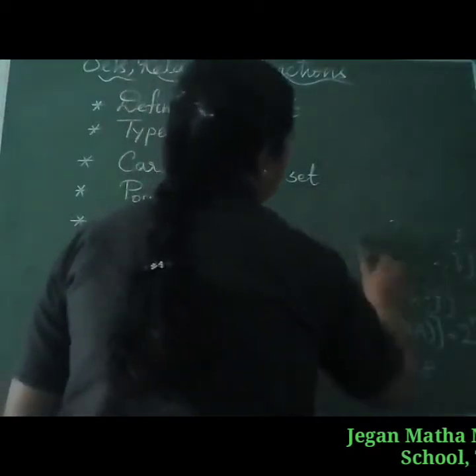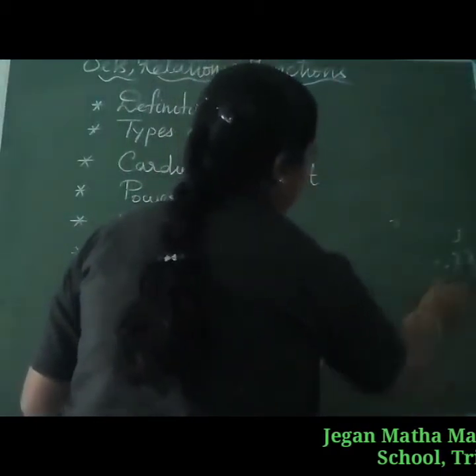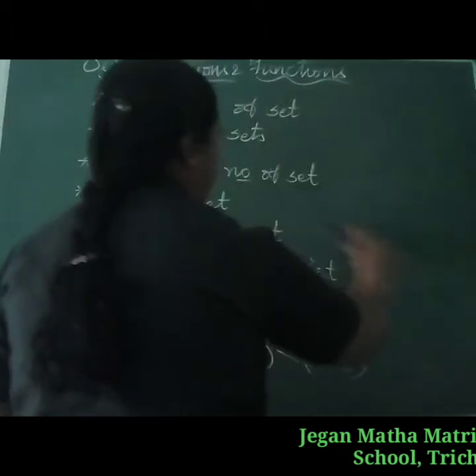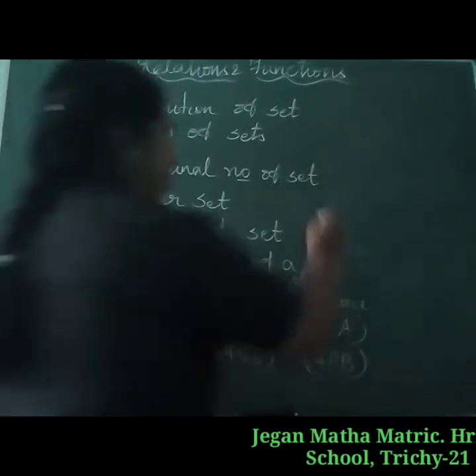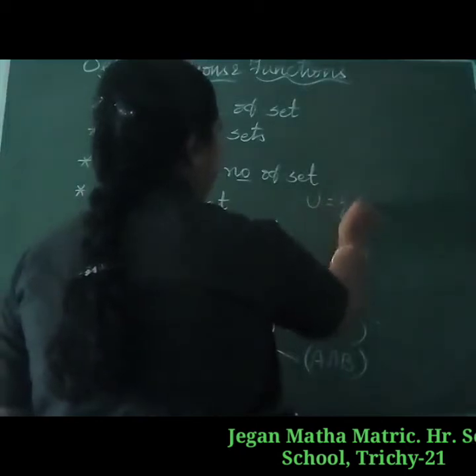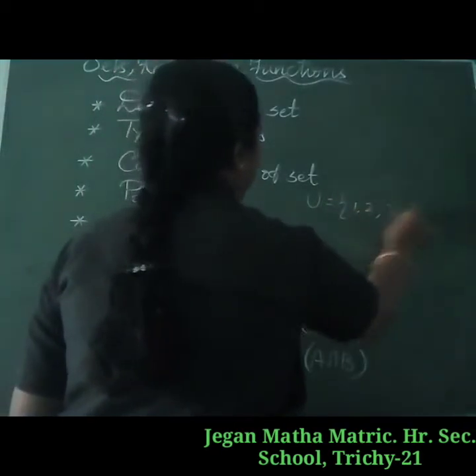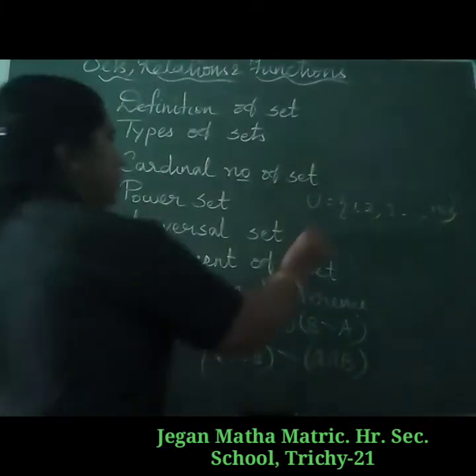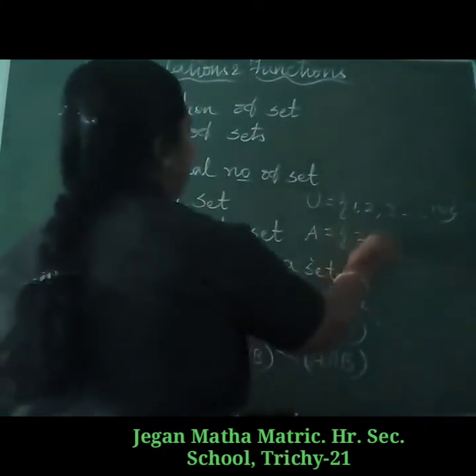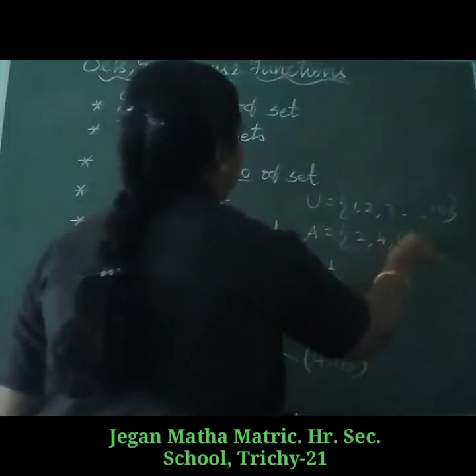Then universal set: the set which contains all the elements of the sets under consideration. Suppose I write the universal set is equal to {1, 2, 3, etc.} up to 10. And I define one set A is equal to all the even numbers {2, 4, 6, 8, 10}.